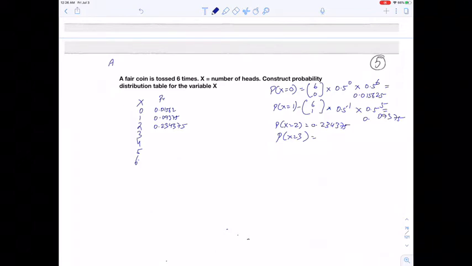Similarly, we can find this. 6 choose 3 times 0.5 power 3 times 0.5 power 3 equals 0.2945. Similarly, X is equal to 4 is 6 choose 4 times 0.5 raised to power 4 times 0.5 raised to power 6 minus 4, that is 2. Let's do this quickly.